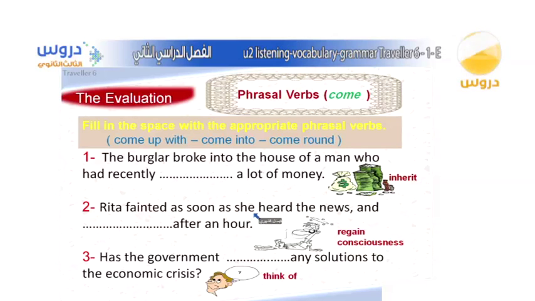Rita fainted as soon as she heard the news, and after an hour. Okay, what about the third one? Has the government... Okay, well done. Now you said, has the government come up with any solution?